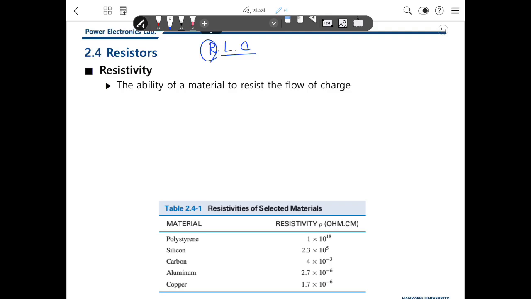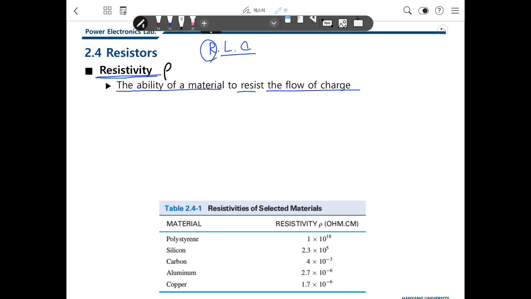To understand R, we need to know about resistivity. Resistivity means the ability of a material to resist the flow of charge. That means the resistivity defines how much current flows through the material.